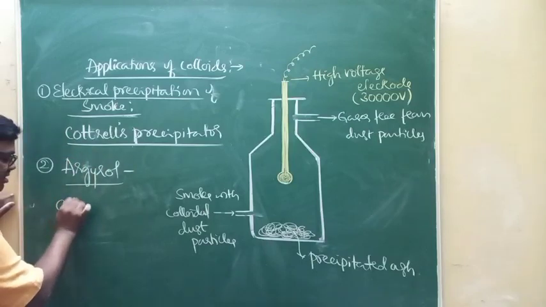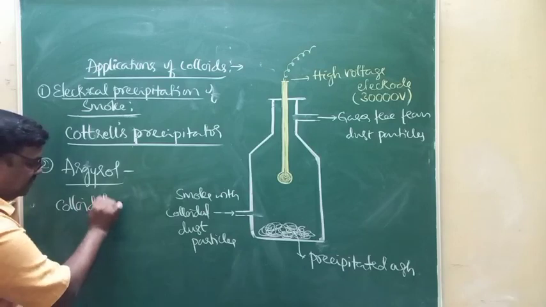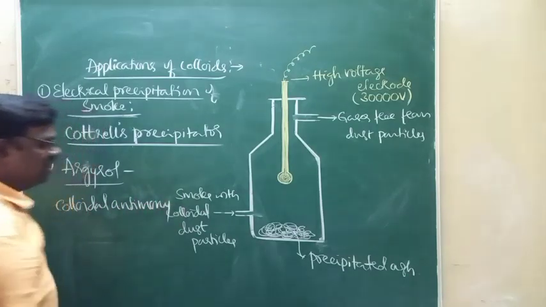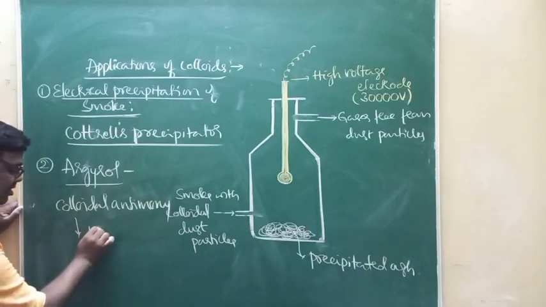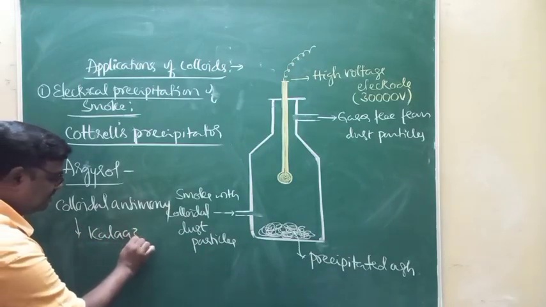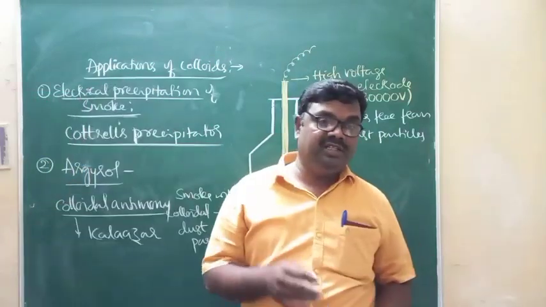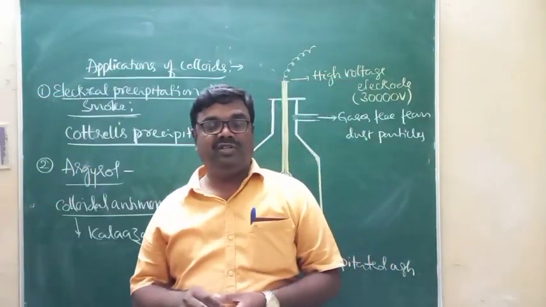Colloidal antimony is one more medicine used in the treatment of a disease called Kala Azar. So this is a disease that can be cured by making use of colloidal antimony. Colloidal gold is used for intramuscular injection.